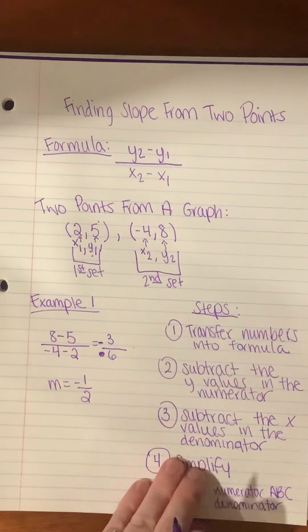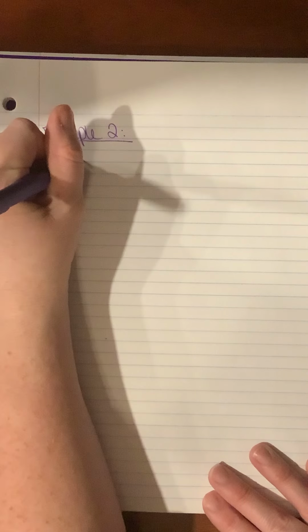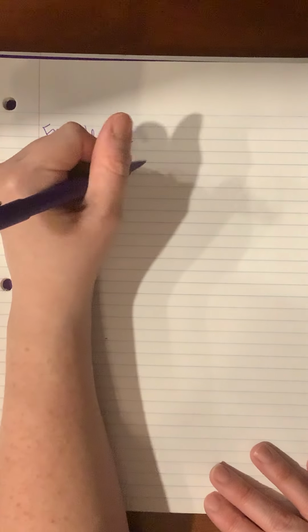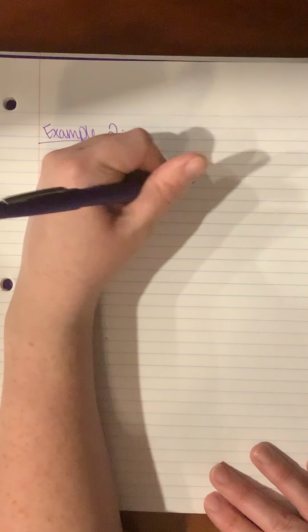Let's take a look at another example. Example 2. All right, so again, we are going to give you 2 points. Here, I have -4, 8, and my second point is 10, 8.